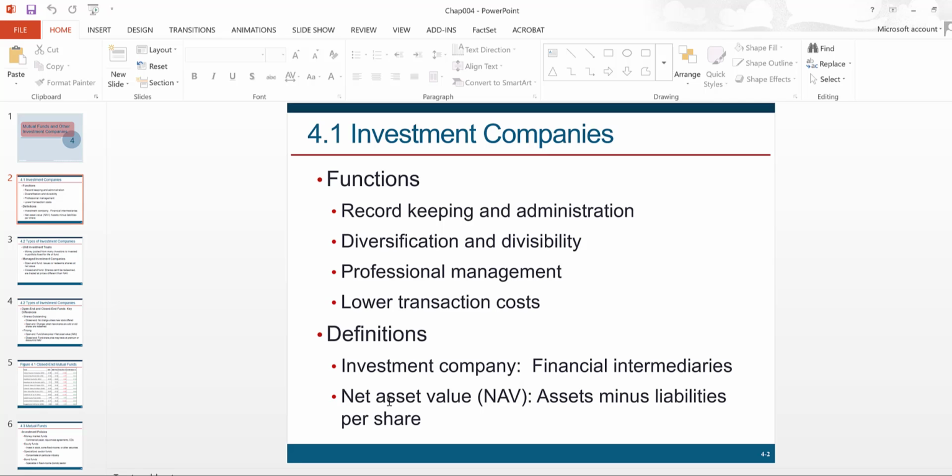right? So how do we compute the share value for a mutual fund or other investment companies? If you think about mutual funds, one of the key differences between a mutual fund and say an individual stock is that even though mutual funds also have shares, they do not trade on the market like an individual stock, right?